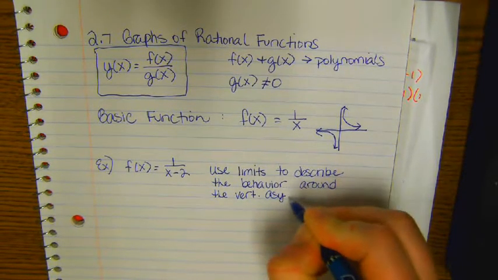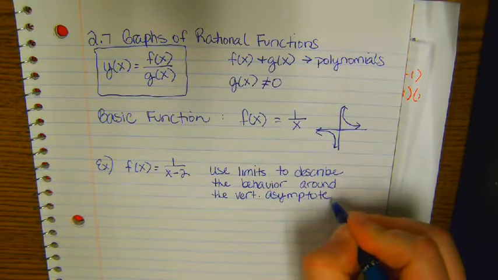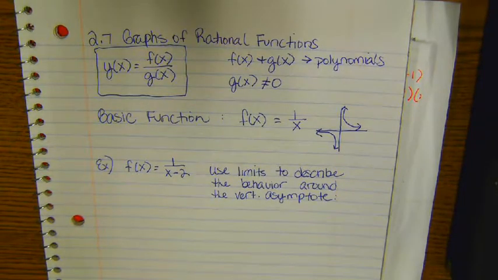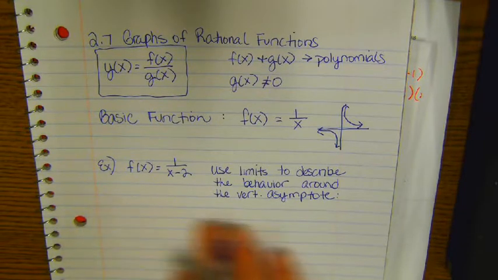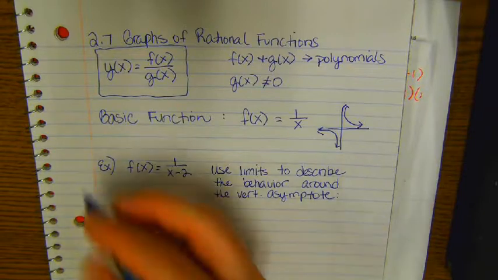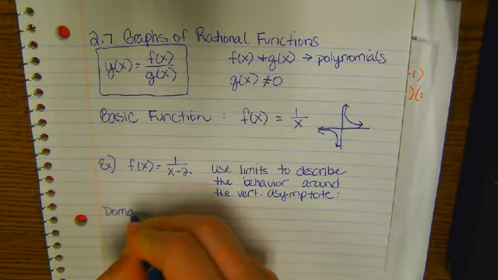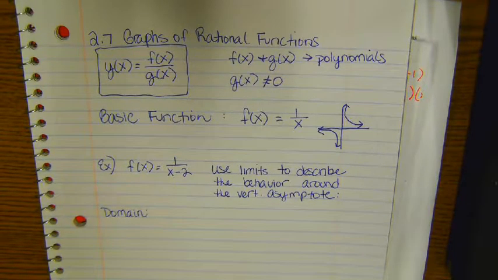So I'm going to leave some space for that. And related to that, we're also going to find what the domain is of the function, because the vertical asymptotes happen at the values that are not in the domain.